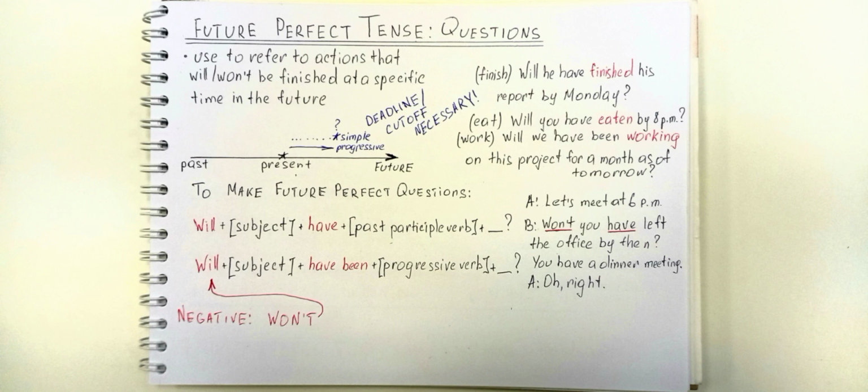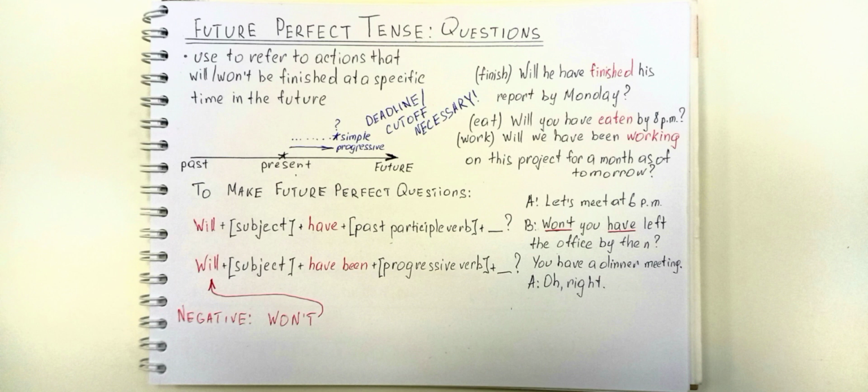As we did with the simple future perfect, we then include any additional information. This is where we include our deadline or our cutoff point or future reference point that comes at the end of the sentence, the end of the question.